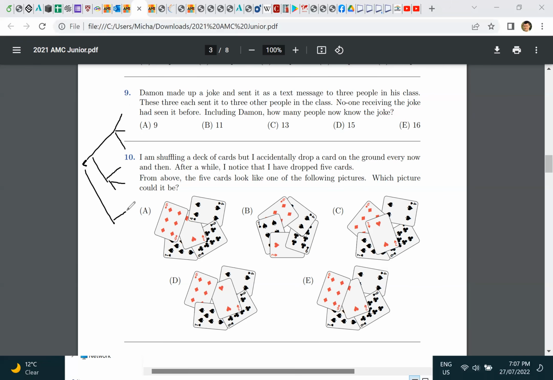Are you sure it's 4 times 3? Damon didn't send it to another 3 people, did he?